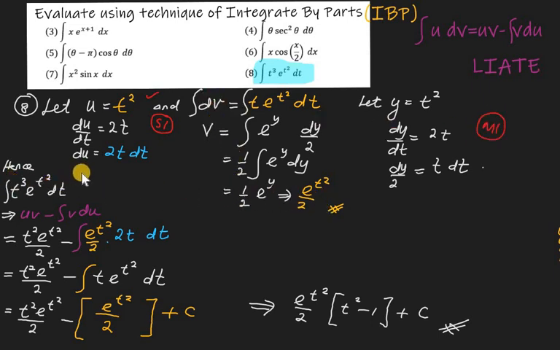And then for this question number 8, we are to use IBP, integration by parts, inserting the values, the u and the v. This portion we replace in terms of t squared, minus the integral of v again, and du is 2t dt.